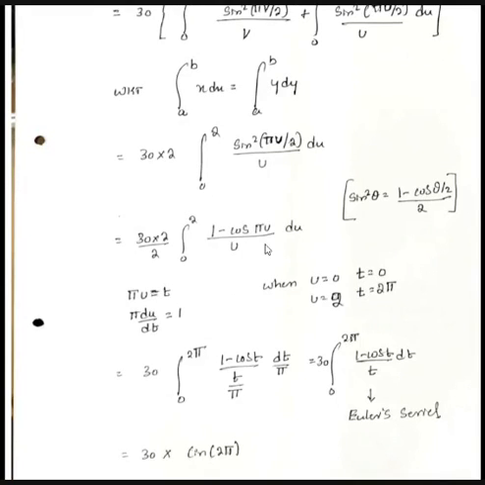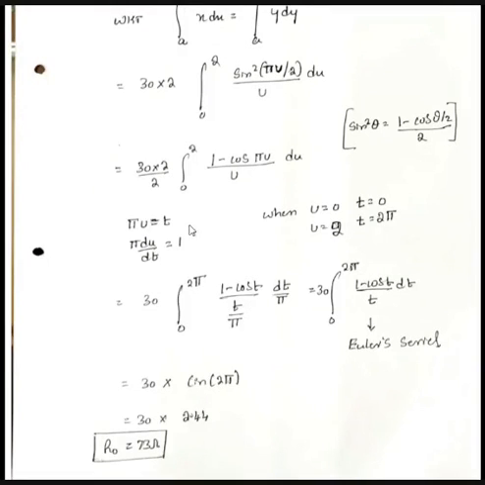Again taking this pi u as t, so u is equal to 0 means t is equal to 0, u is equal to 2 means t is equal to 2 pi. Substituting the limits and the value of pi u, you are going to get the final value as 30 into the limit of 0 to 2 pi, 1 minus cos theta divided by t, d theta.